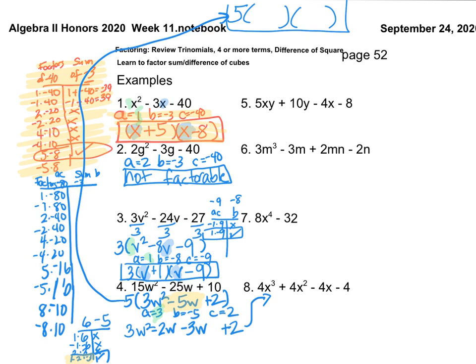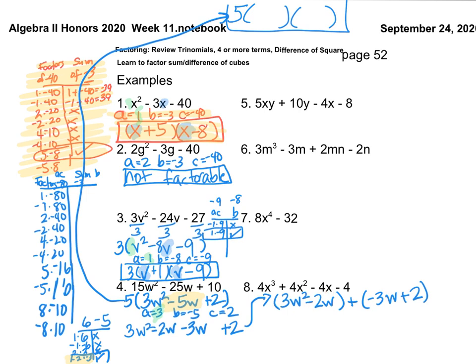The next thing that I do, I'm going to group the first two terms together using parentheses. I'm going to put an addition sign and group the second two terms together using parentheses. I'm going to look at my first group. This first group here, 3w squared and negative 2w.